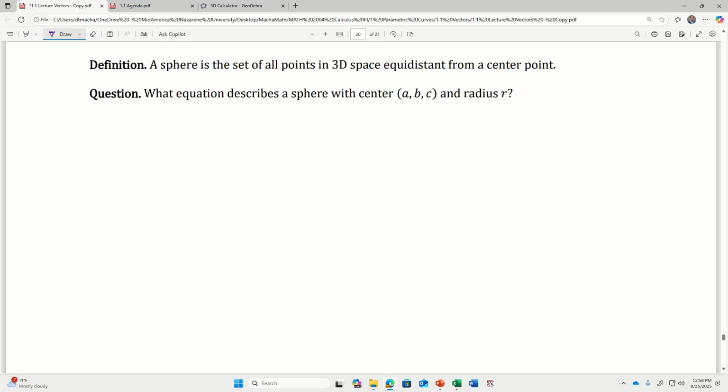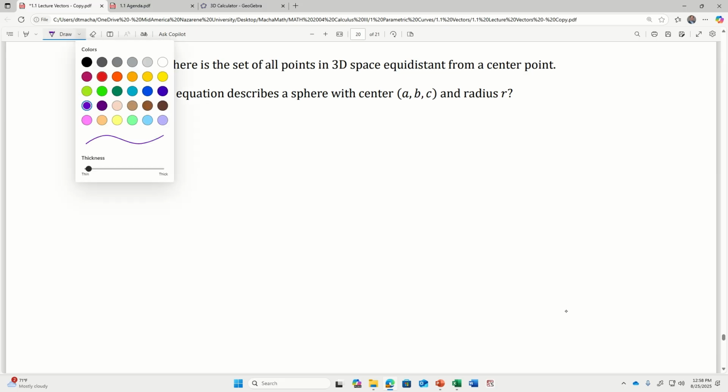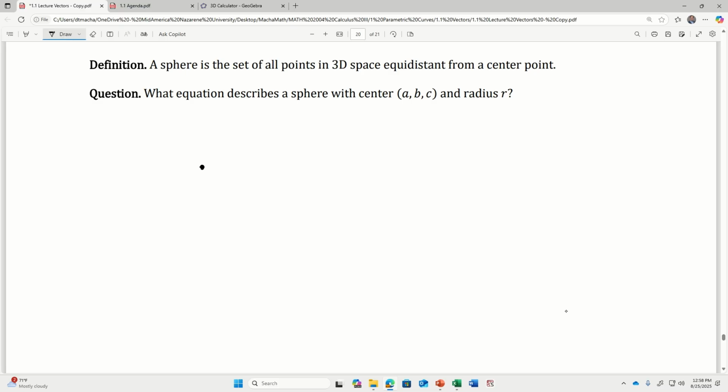So in case you didn't know what a sphere is, it's the set of all points in 3D space that are equidistant from a center point. So that means, choose a point out here in space, and all of the points together that are the same distance away, you get to choose what that distance is. Let's say that distance is 5.